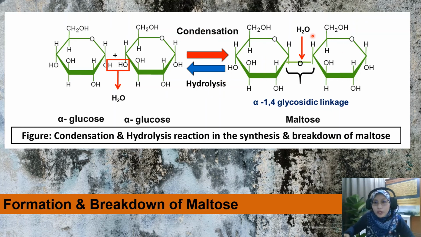Then we draw the structure of maltose, name the bond that links the two monomers as alpha 1,4 glycosidic linkage, and show the addition of water molecules into the linkage bond.